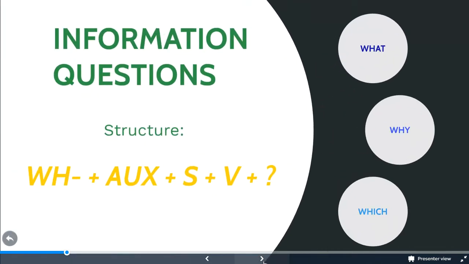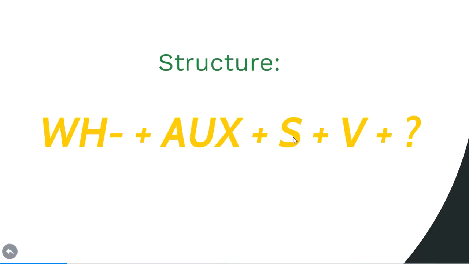The information question structure is just a little bit different from what you saw in the interrogative simple present. In this case, we also have an auxiliary, a subject, and a verb.